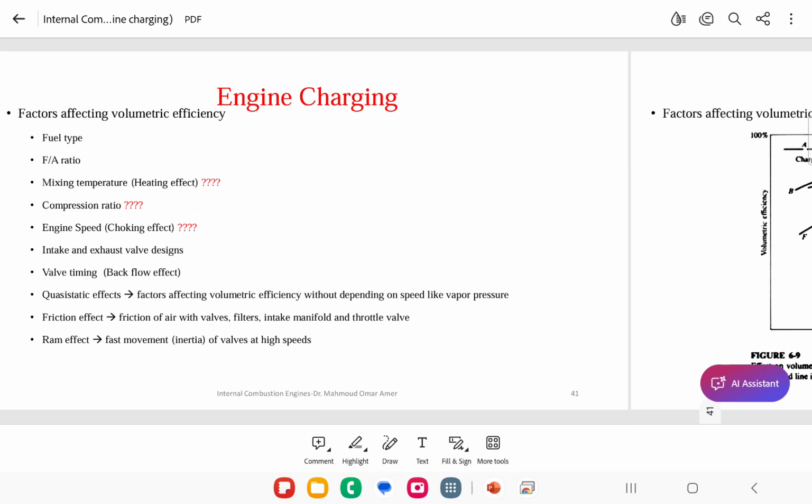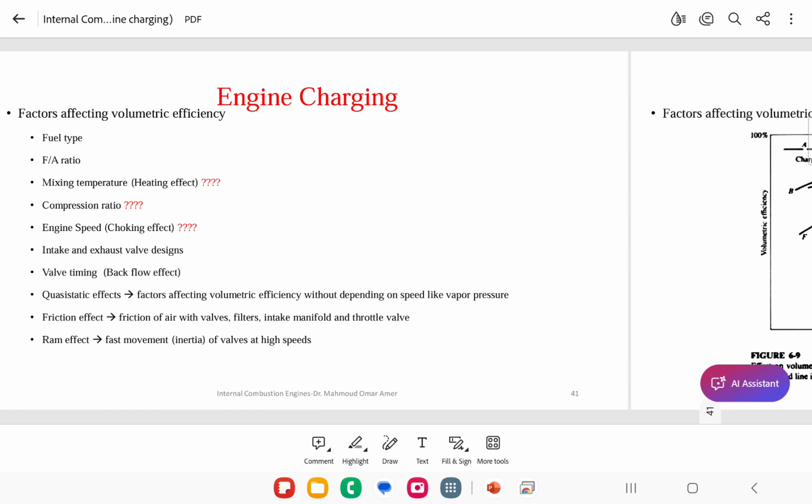There are also quasi-static effects, which are factors that affect the volumetric efficiency without depending on speed, like vapor pressure. The intake air has humidity. So as the humidity level increases or changes, it affects the combustion and the intake efficiency.